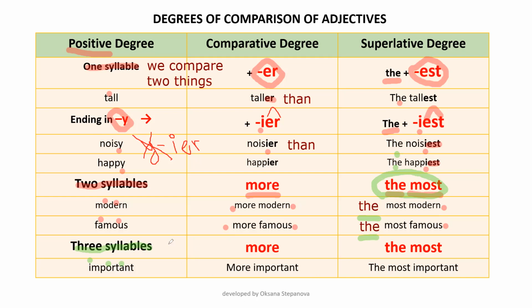So with 3 syllables and more, you always add more, so no more changing, no more suffixes. More in comparative degree. It is more important, or this situation is more important than that situation. So you compare, use than, and the most important. This is the most important case, or wherever.